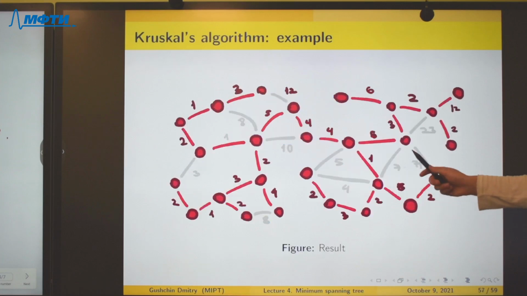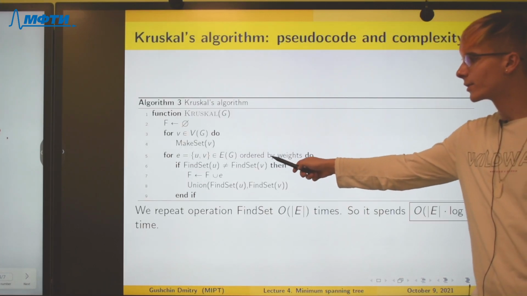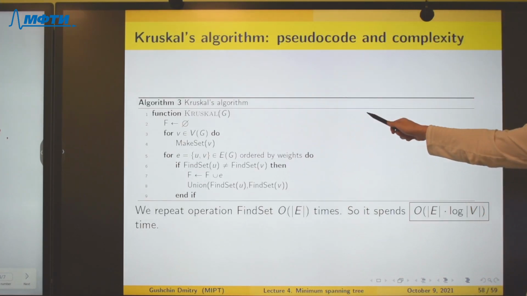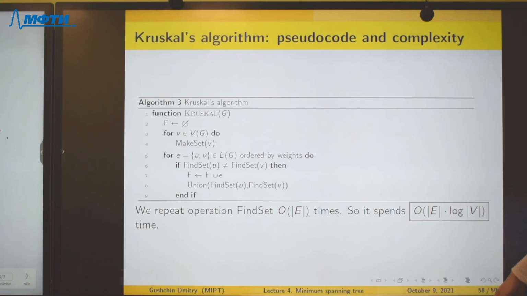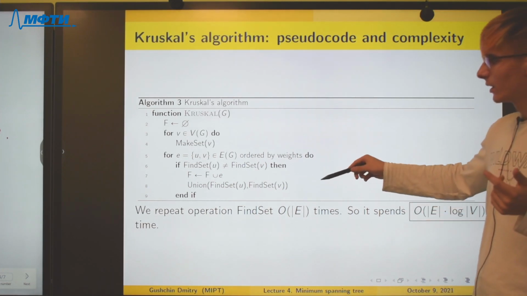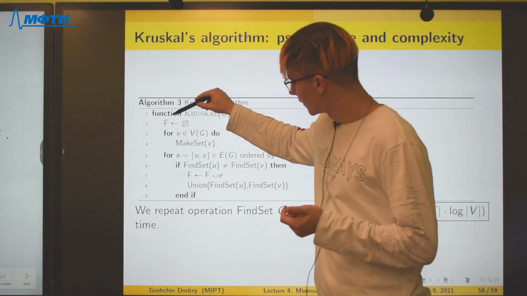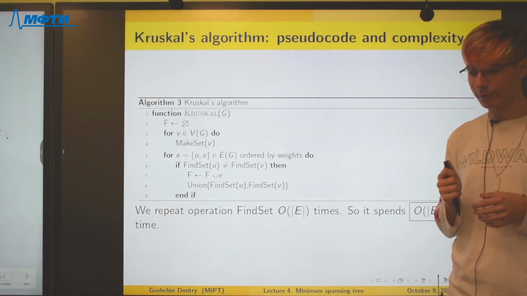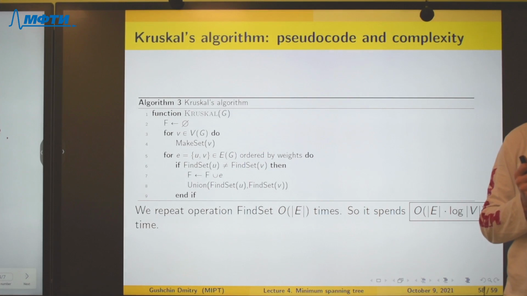So we repeat for each edge of these 3 lines, and in the end we get one big set equal to the set of vertices, and in F we get our minimal spanning tree.